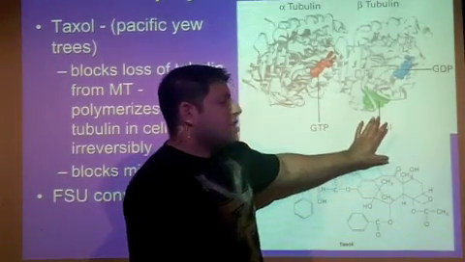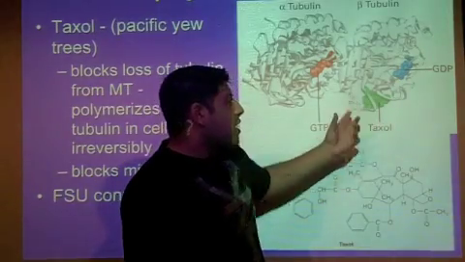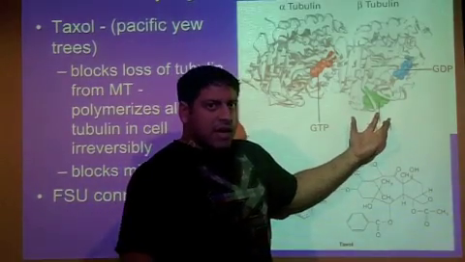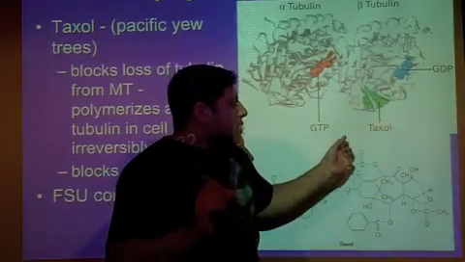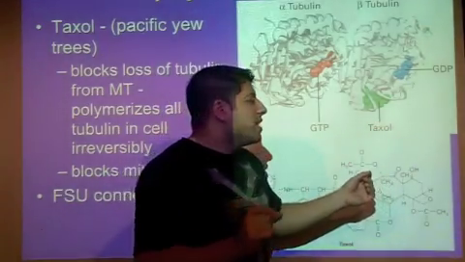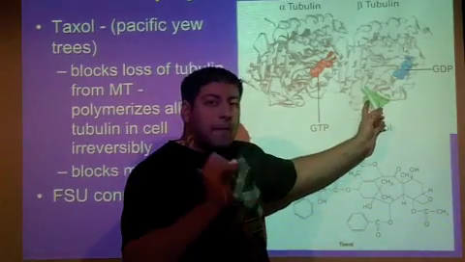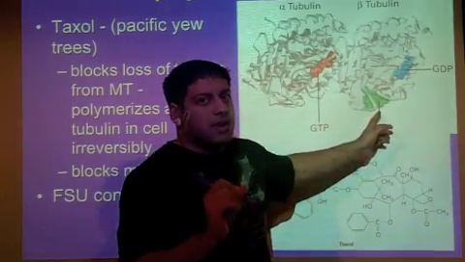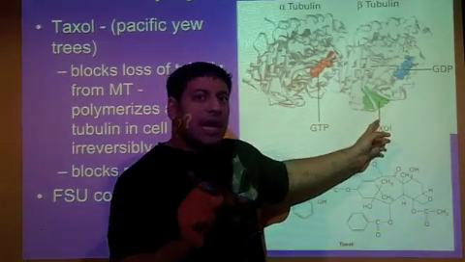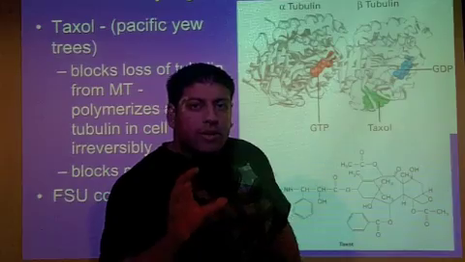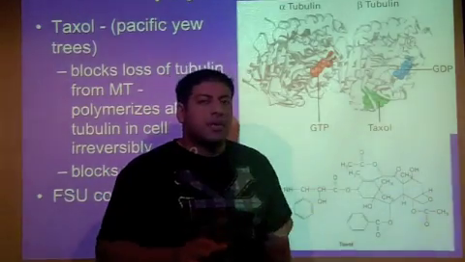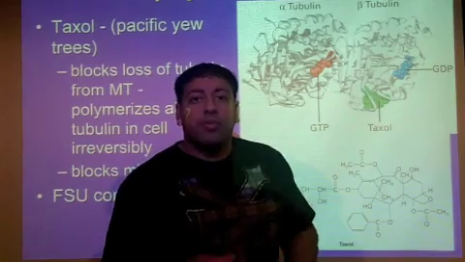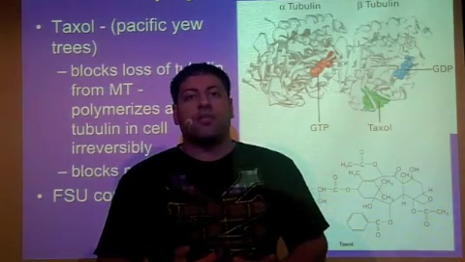And then there's a position here, in green, where taxol can fit. Now notice that taxol is designed in such a way that it's going to bind into the beta subunit of the alpha-beta tubulin dimer. Now when taxol binds to the beta subunit, it's basically going to prevent hydrolysis from occurring.